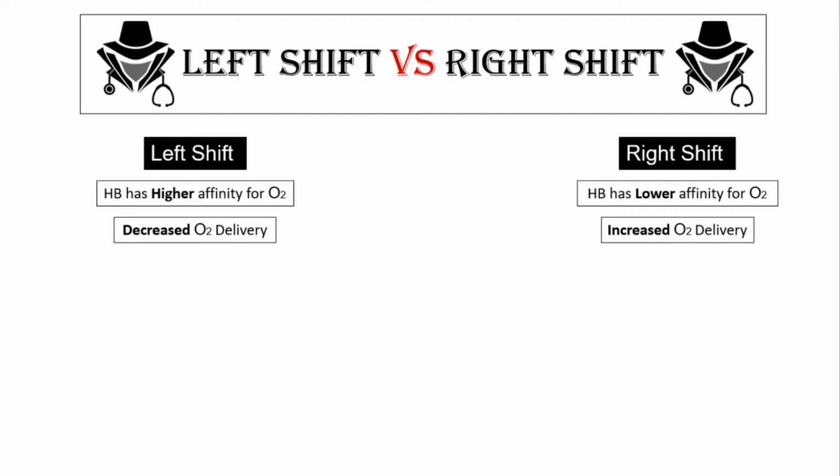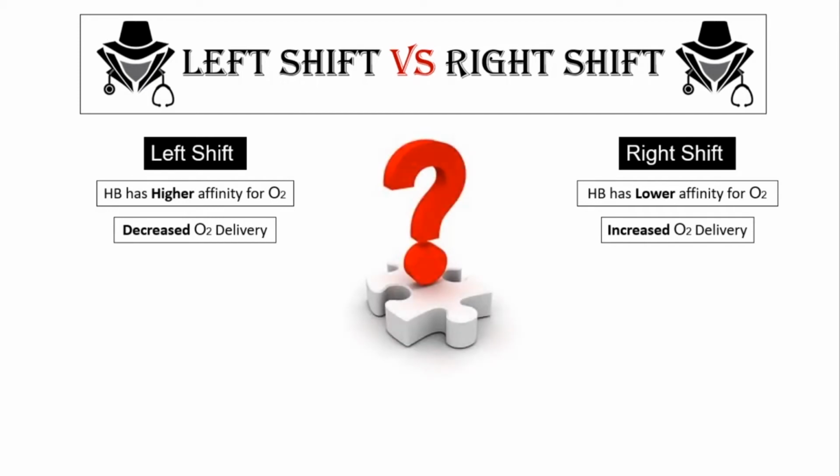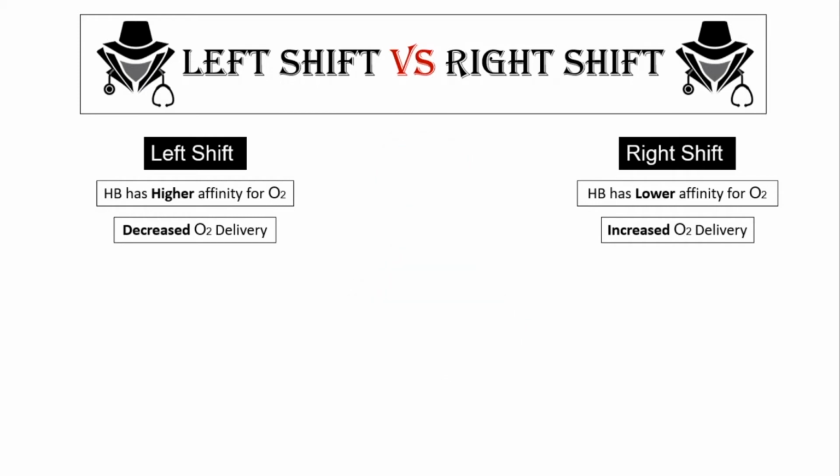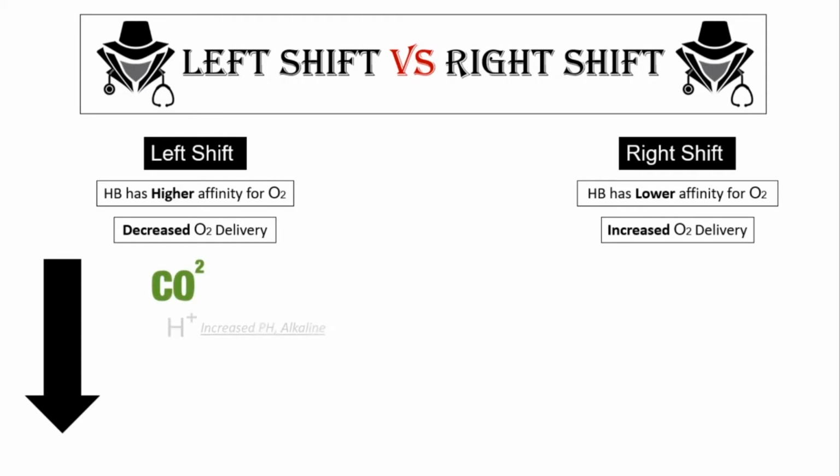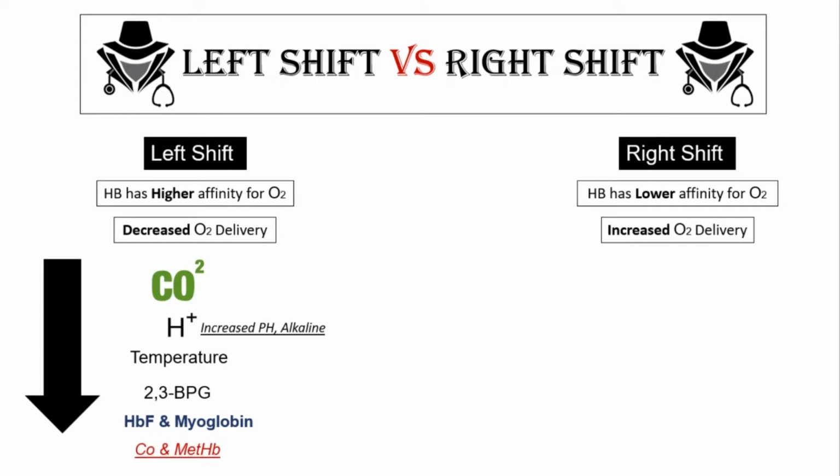Now, what are the causes of left shift versus right shift? First, let's talk about the left shift. The causes are decrease in CO2 levels, decrease in hydrogen ion levels, which will present as increase in the pH and alkaline state, decrease in temperature, decrease in the molecule called 2,3-BPG, also fetal hemoglobin and myoglobin, which we will talk about in the end of the video, and lastly, conditions like carbon monoxide and methemoglobin.